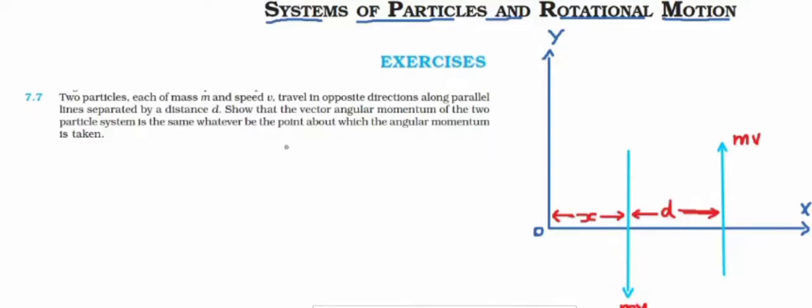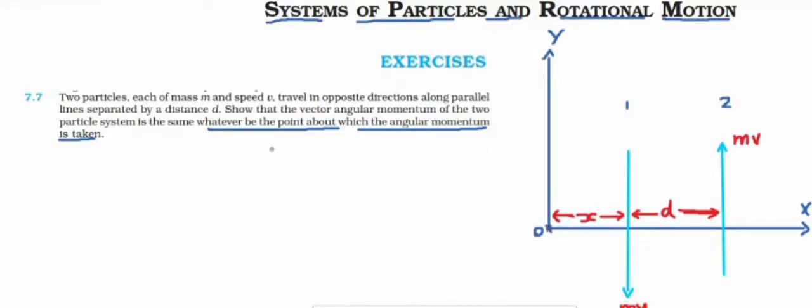Show that the vector angular momentum of the two particle system is the same whatever be the point about which angular momentum is taken. Here, we see the angular momentum of particle 1 and particle 2, both taken with respect to the origin.